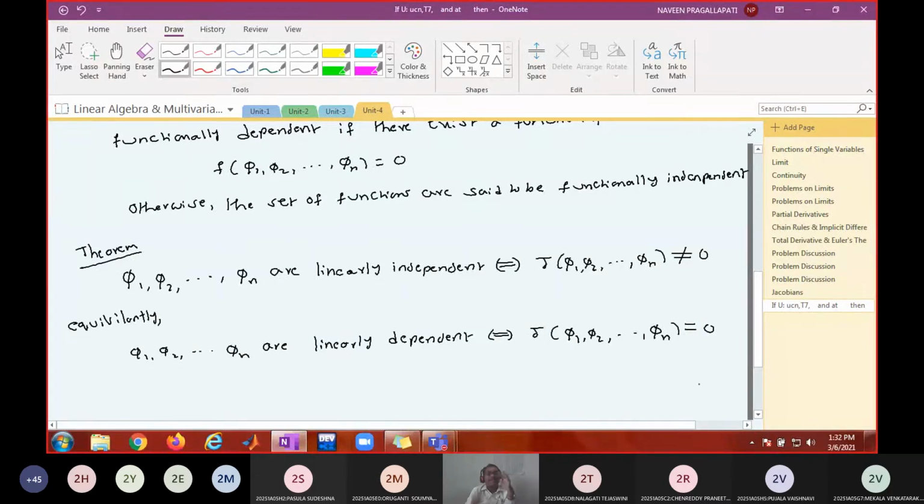If the determinant is equal to 0, functionally dependent. I think there is a blunder, a mistake I wrote. Sorry, I'm extremely sorry. I'm talking about functional dependency, for functions of several variables.